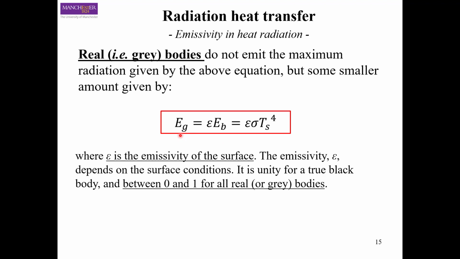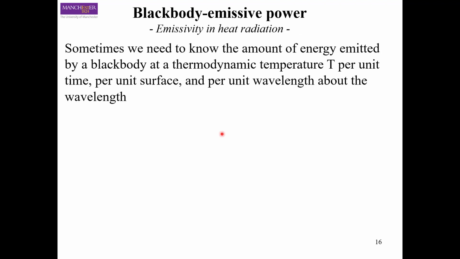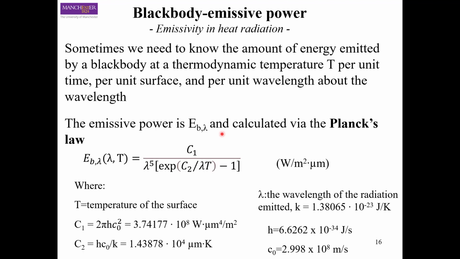We are considering the whole range of wavelengths of radiation coming out of the object, while sometimes we want to know the energy coming out of the object at a particular wavelength.